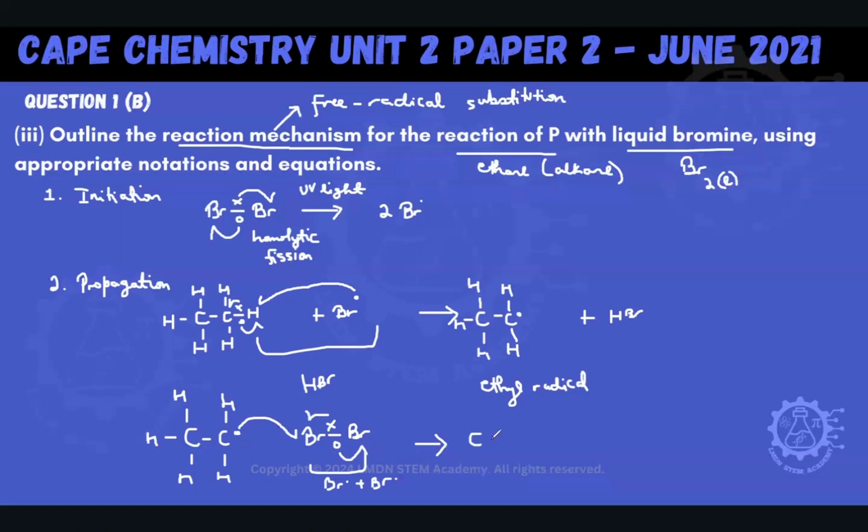So now we're going to end up with this: H, and then the Br gets incorporated in there with that ethyl radical. And then we're going to have a Br radical that's remaining by itself. Okay. And so this is how we would have gone through our first substitution.